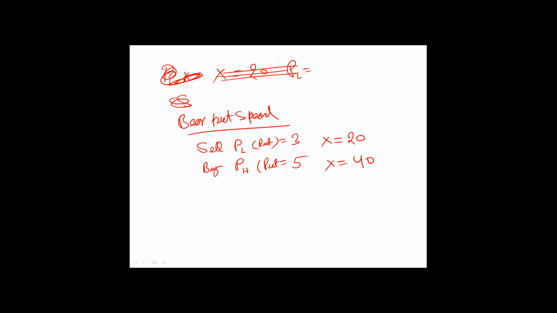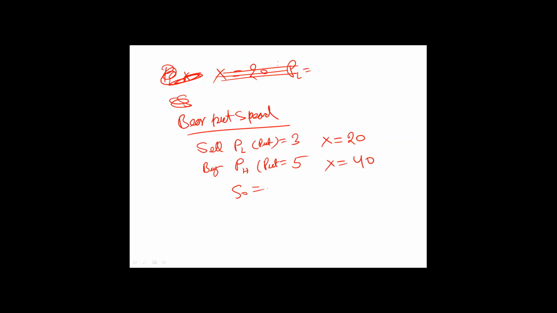Because we are taking a bear put spread, we think the market will be bearish. Let's suppose it remains below the higher put, around 35, but above the lower level.